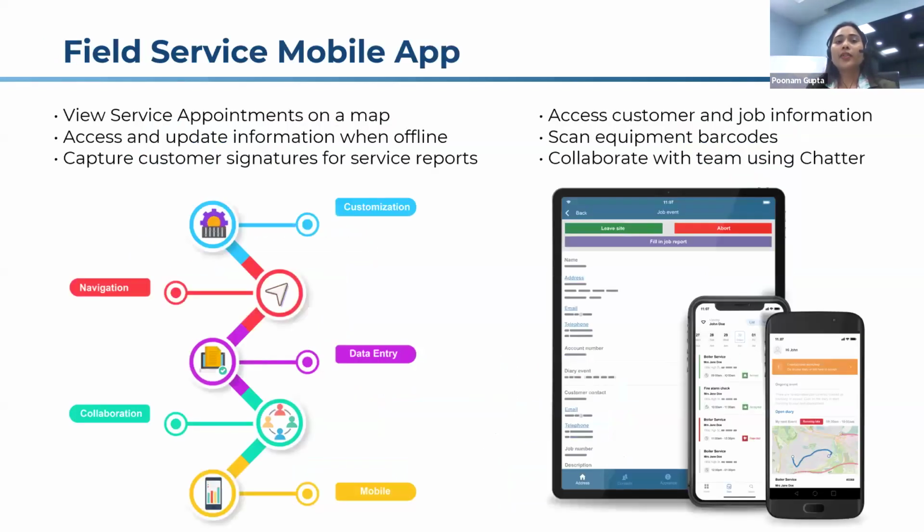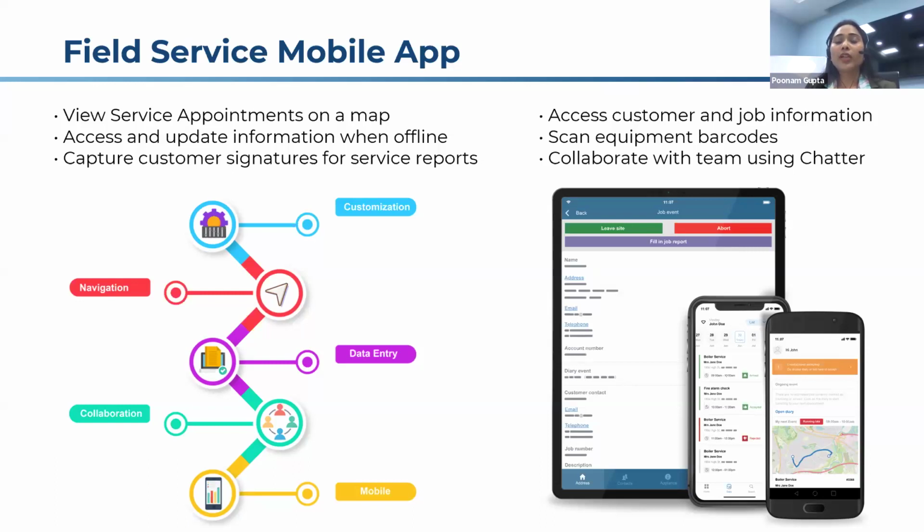Next is the Field Service Mobile Application. It is designed basically for mobiles and tablets, and with these features the technician can easily navigate at the customer location. It provides customization and navigation.